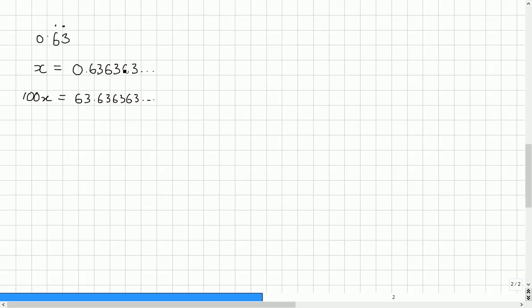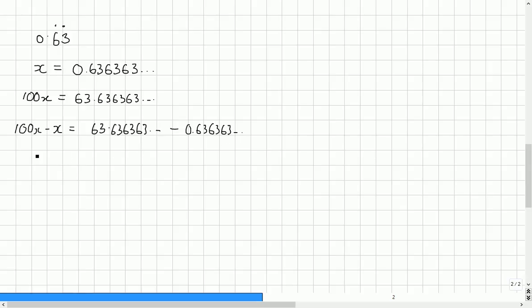Now if we take 100x, and subtract x, we'll be taking 63.636363 and so on, and subtracting 0.636363.